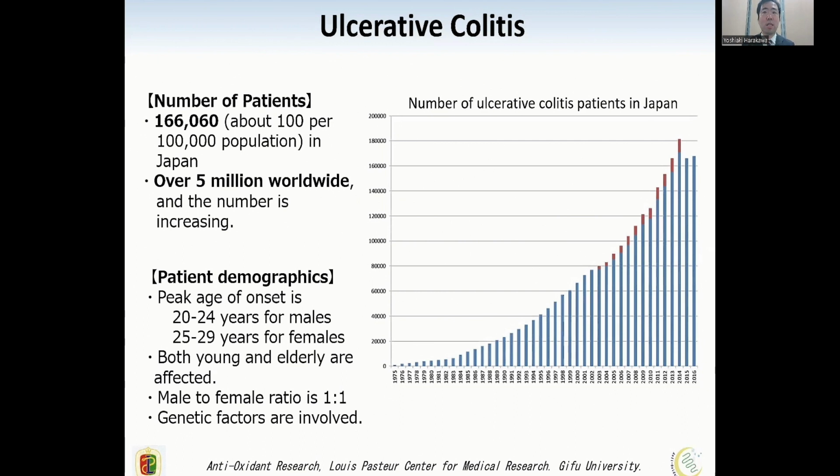It is known that there is a genotype that makes a person susceptible to the disease, but having the genotype does not necessarily mean that person will develop the disease. The disease is thought to be caused by a complex interplay of genetic factors and environmental factors such as diet.